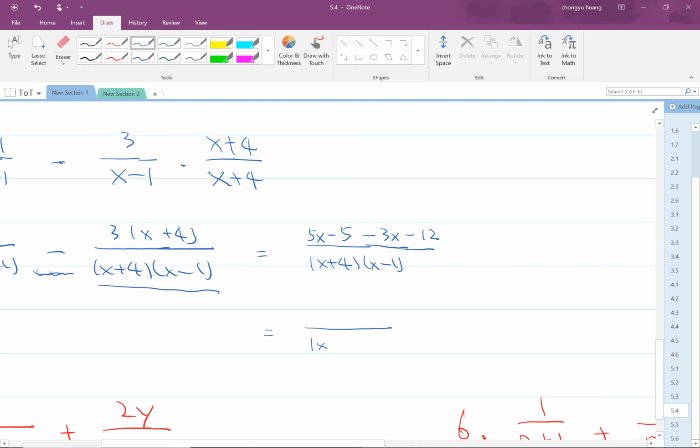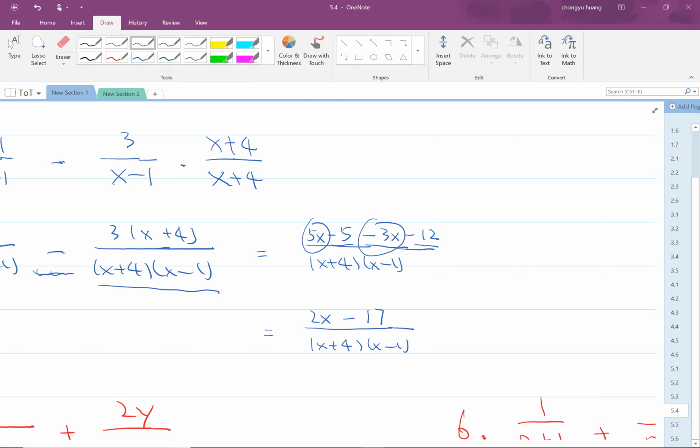So let's do it. Okay, we simplify a little bit. So we have 5x and then negative 3x, which is 2x, right? And then we have a negative 5 and then negative 12, which is negative 17, right? So now you take a final look.